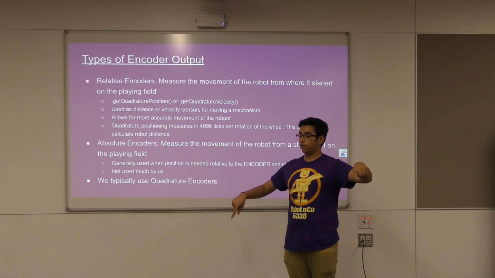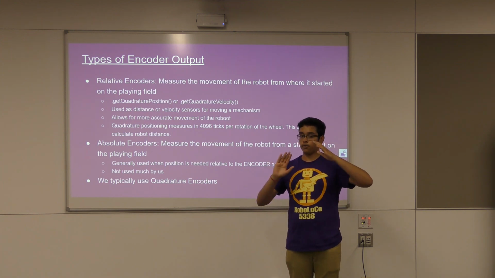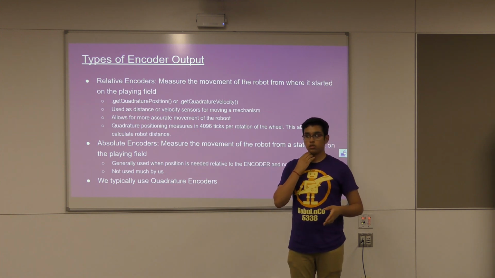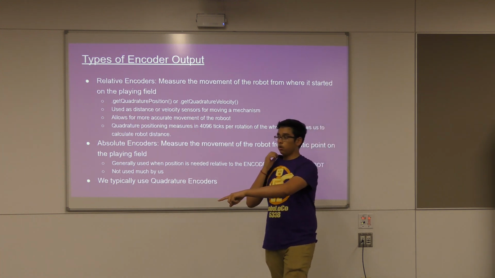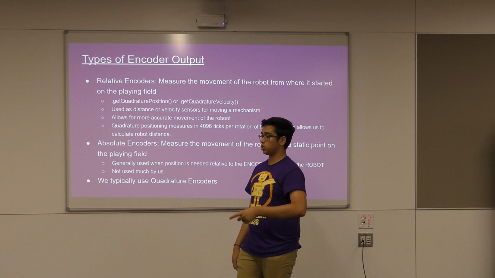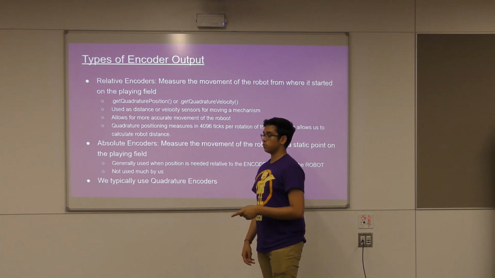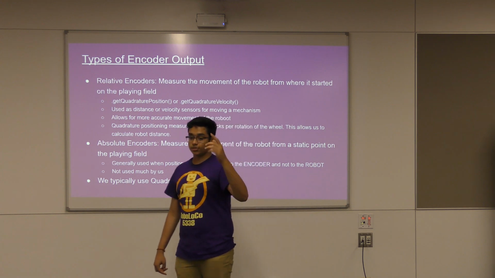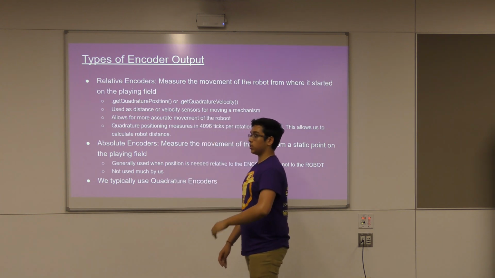To get it into rotations, what do I divide by? The circumference of the wheel. If my diameter is 6 inches, what is my circumference? 6 pi. So I divide whatever distance I have by 6 pi.